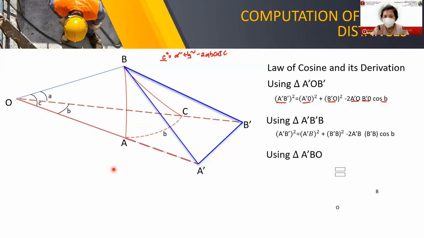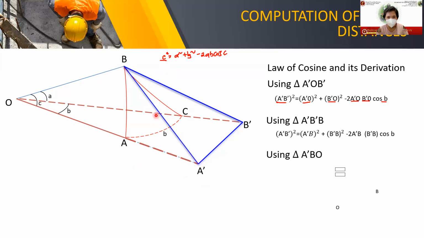So, next we have another triangle. We have triangle A prime, B and CO. So, kung hindi masyado nakikita, ito yung triangle na nakaharap on the illustration. Si A, B, and CO. So, ito ang triangle na to.